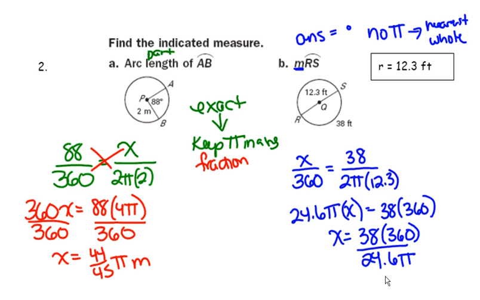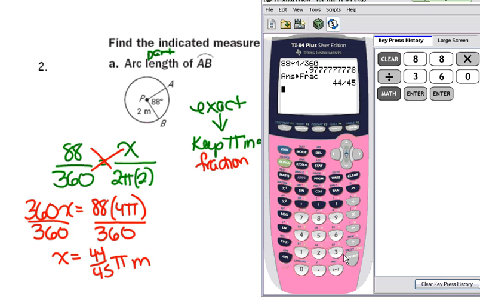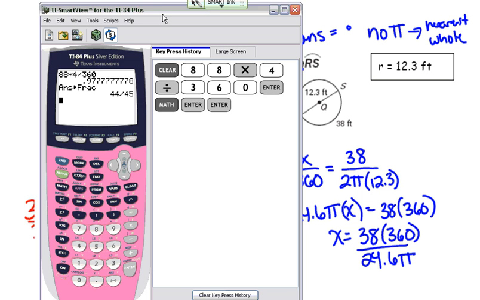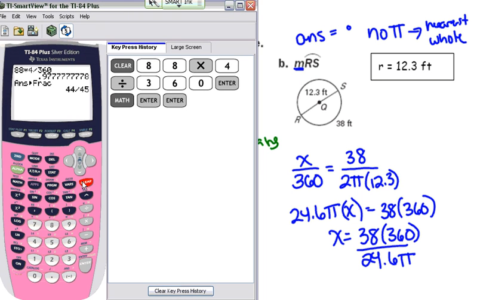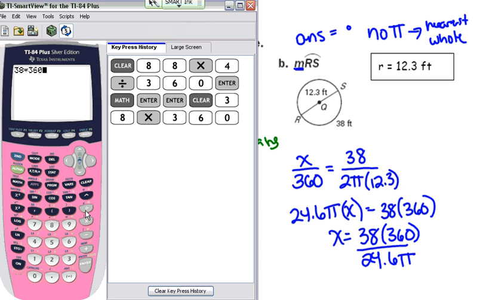All right, let's put this in our calculator because this gets a little bit tricky. So we take our calculator, and if you want to do it all in one step, you're going to take 38 times 360, no biggie yet, and then you're going to divide by. So here's the key. If you just type in divided by 24.6 times pi, you are going to divide by 24.6, but then you're going to take that answer and multiply it by pi.